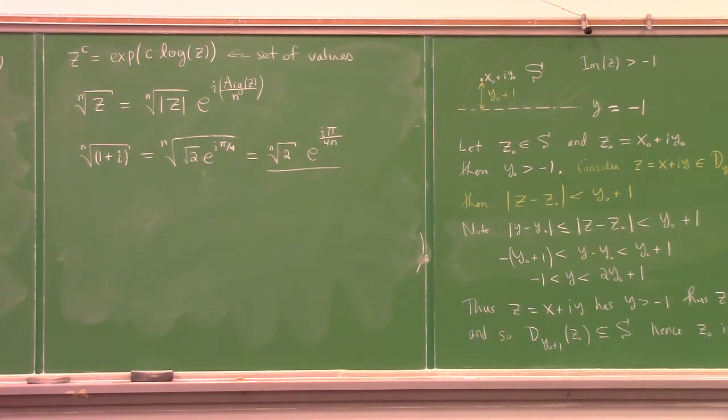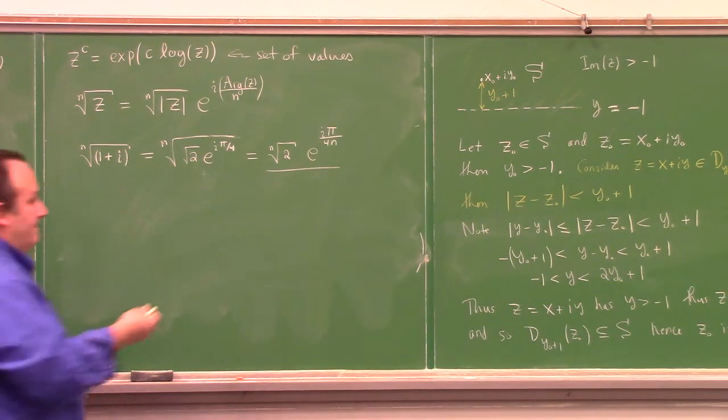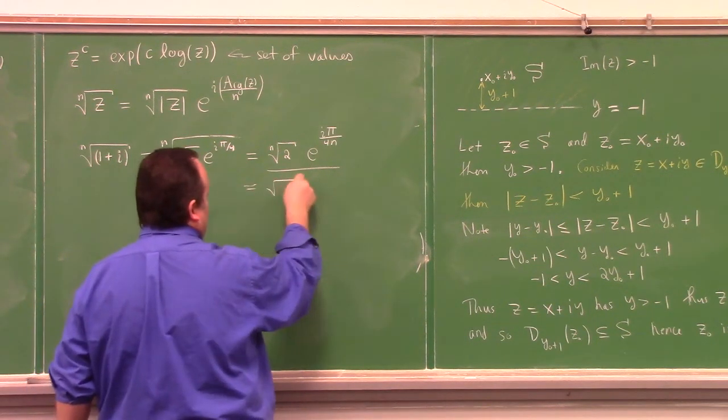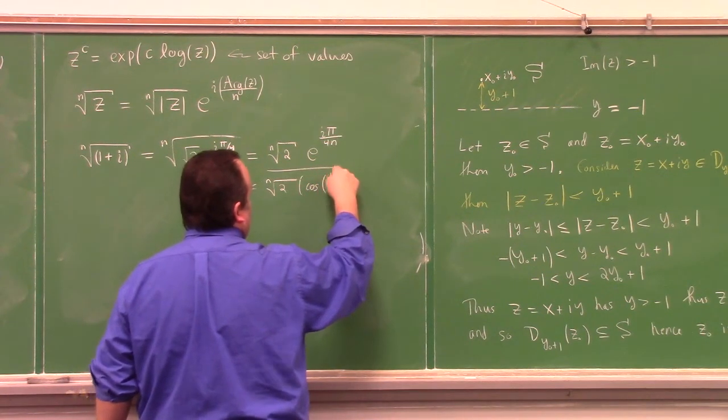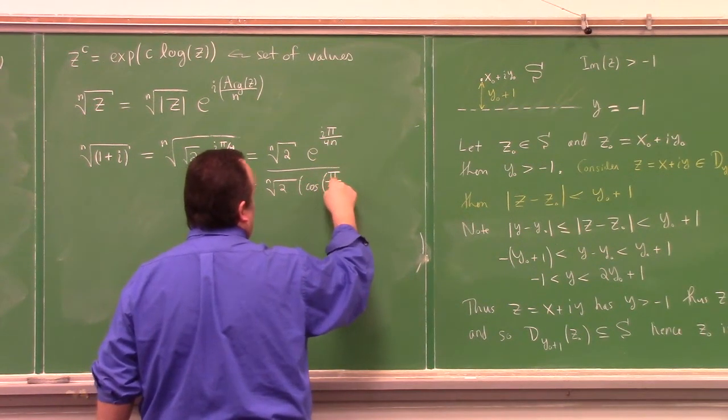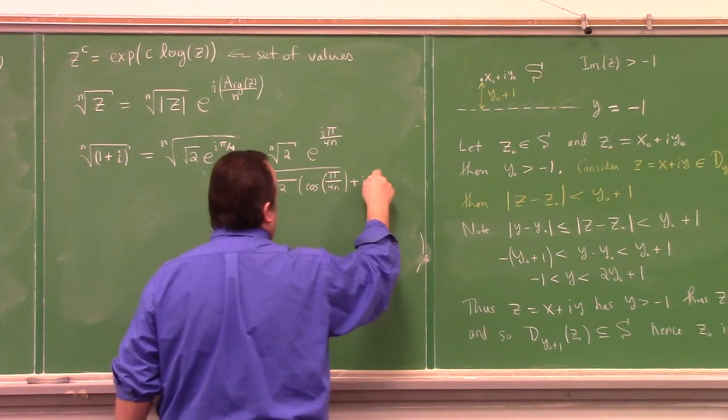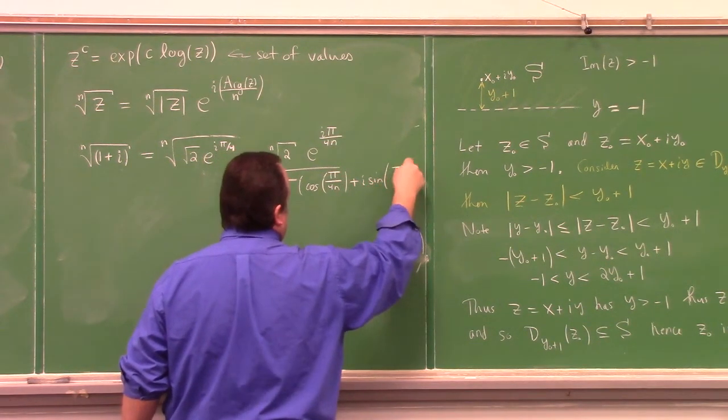What would the nth root of 1 plus I be in Cartesian form? It is as follows: the nth root of 2 times the cosine of pi over 4n plus I times the sine of pi over 4n. So there you go.